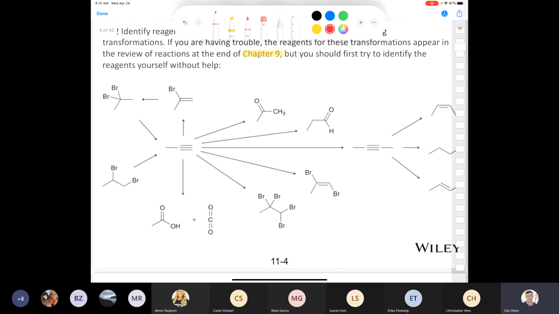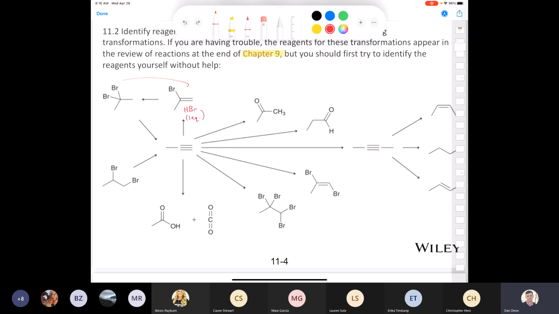So let's start with the molecule in the middle. And I think a good place to start would be right here. If we want to do a Markovnikov addition of HBr across that triple bond, I would write HBr, and then I would specify to the reader that it's only one equivalent, right? That tells me that I have a 1-to-1 molar ratio of the HBr and the alkyne.